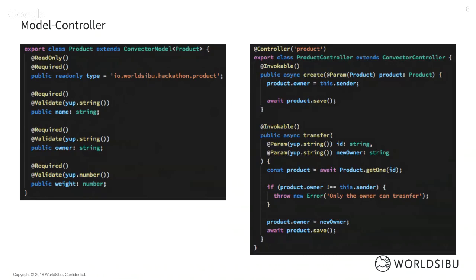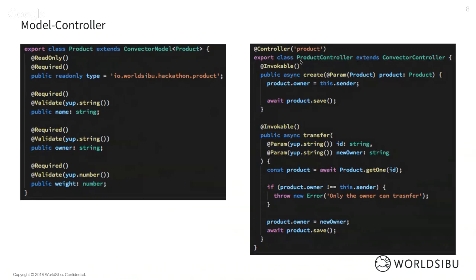Most of the time, when you write a plain contract without Convector, you will find yourself making sure that the data type that you're getting is a string and accomplishes a certain format. Convector helps you figure this out without having to do much. Just put the decorator in there and you're good to go.